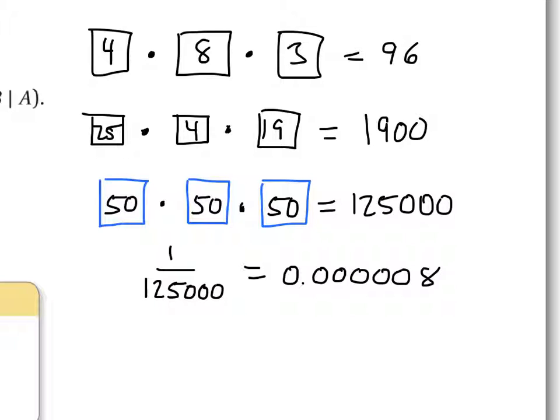All right, if we change that to a percentage, that is 0.0008%. So that means you have 8 out of, let's see, that's tens, hundredths, thousandths, 10,000ths. That's the 10,000th place. You have 8 10,000ths of a percent chance of getting it right the first time.